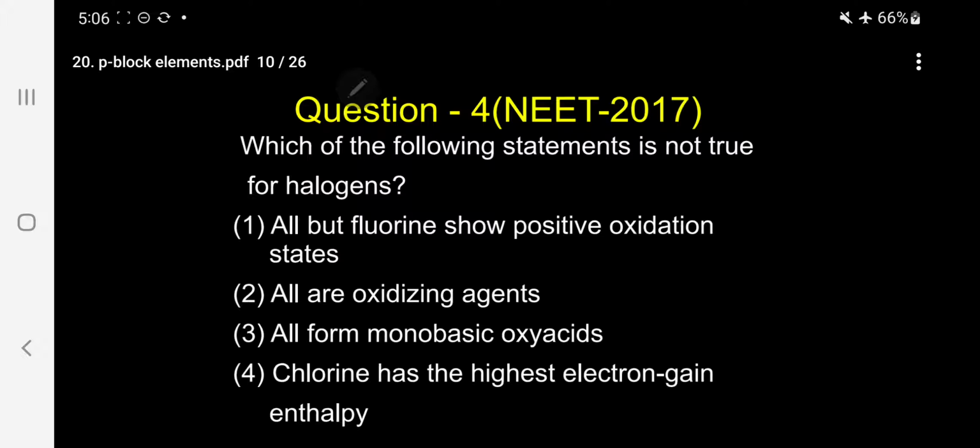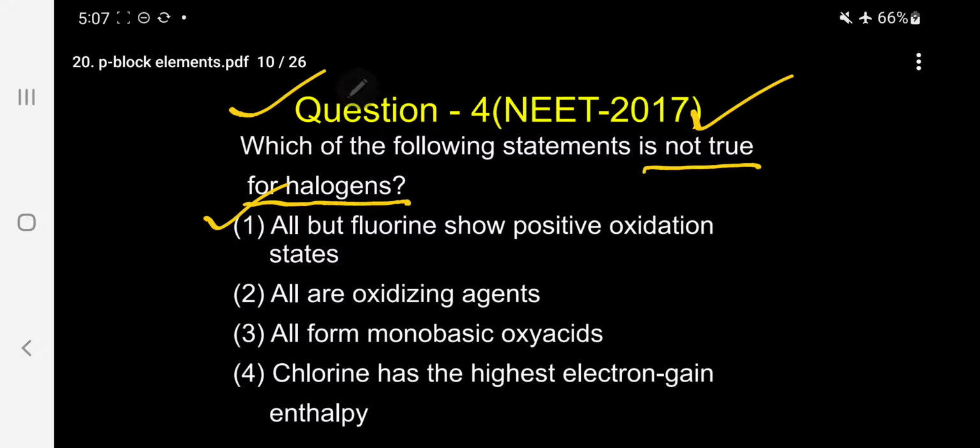Question number 4, which was asked in NEET 2017. Which of the following statements is not true for halogens? 1.